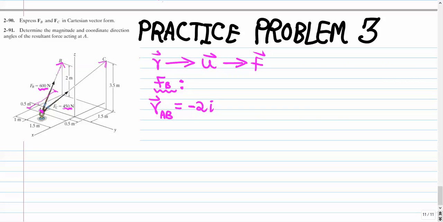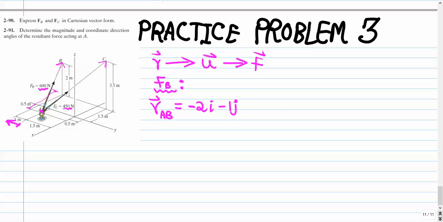Next, we look at the component of the length in the y direction, and we can see that the vector travels 1 meter in the negative y direction. So that means the second component is going to be negative 1j.